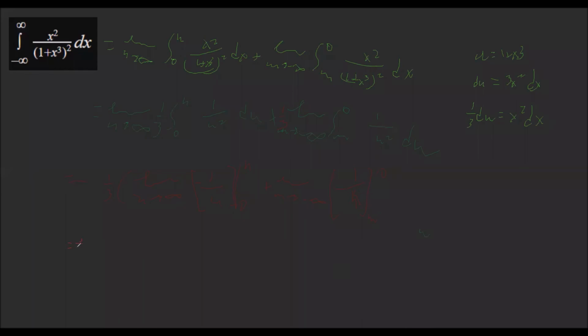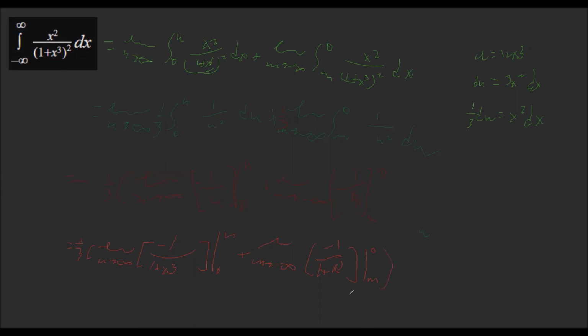So really, we can equate this to 1/3 the limit as n approaches infinity of negative 1 over u. However, u is equal to 1 plus x cubed, so we'll throw that in now. From 0 to n, plus the limit as m approaches negative infinity of negative 1 over 1 plus x cubed from m to 0.